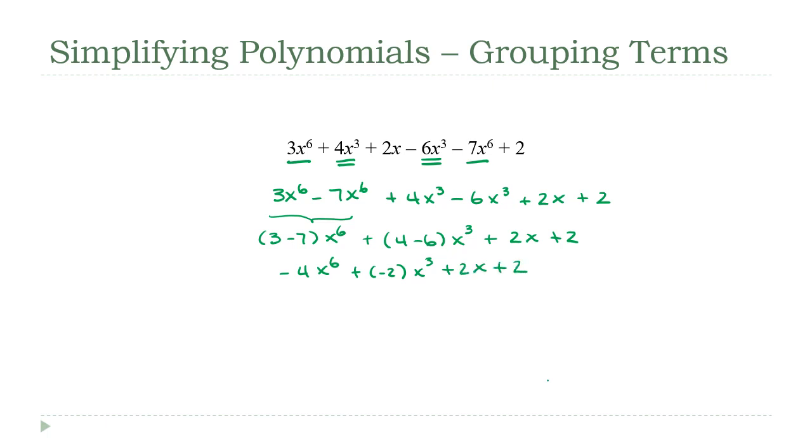And that's almost it, but we would never write this plus negative 2 here. So I'm going to make this negative 4x to the 6th minus 2x cubed, much more natural way to write that, plus 2x plus 2. And that's it. That's my simplified version of this expression.